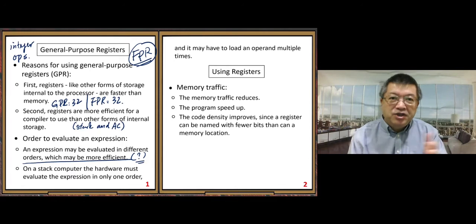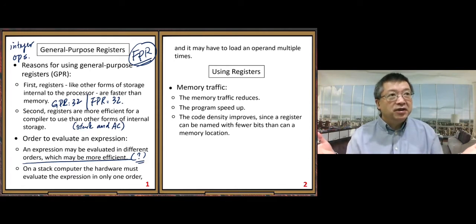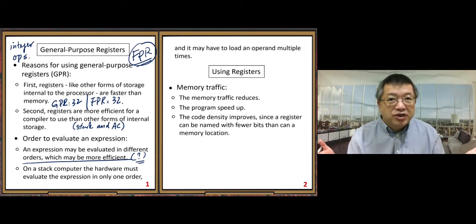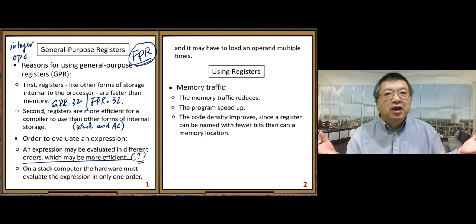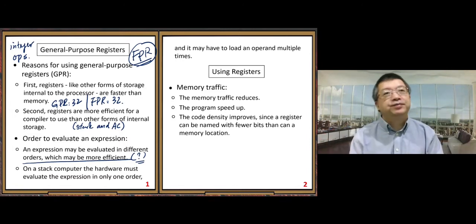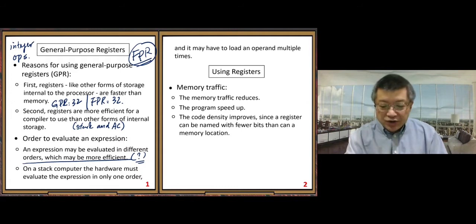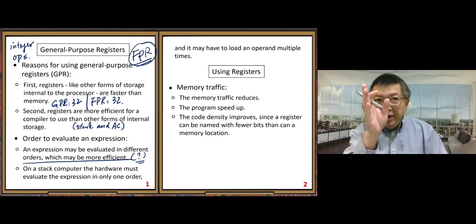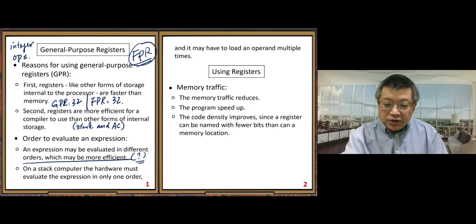The code density improves, since a register can be named with fewer bits than a memory location. In your instruction, when you need to get the data, you just use the register location, that is 5 bits.